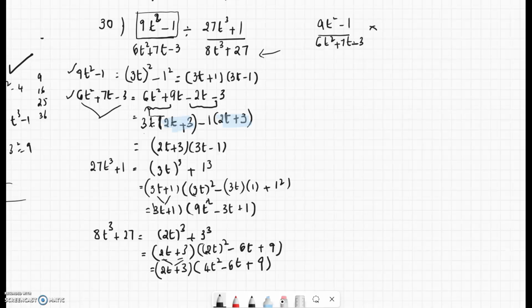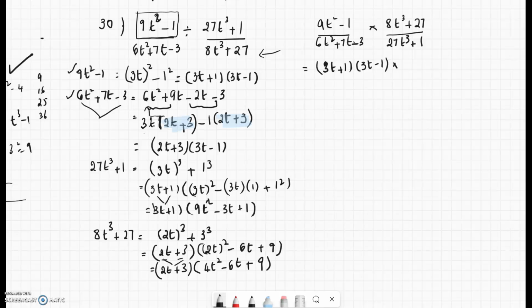Change division to multiplication. 8t cubed plus 27, flip the fraction. Once you change division to multiplication, you have to flip the fraction. 27t cubed plus 1, and that's equal to 9t squared minus 1. We've already factored it. It is 3t plus 1 times 3t minus 1.